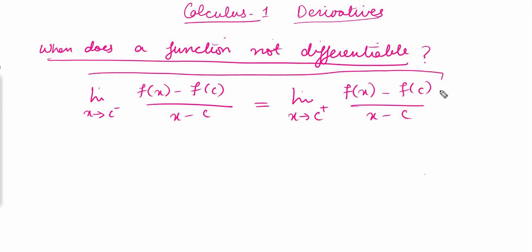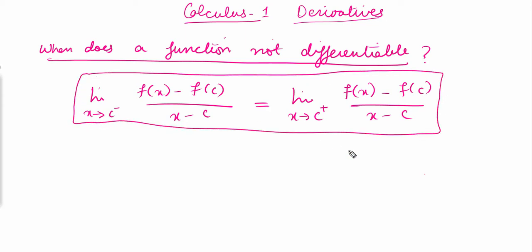If this condition holds, then we can say the function is differentiable, otherwise the function is not differentiable. Okay, we will do some practice questions related to this condition, but now we have to discuss some of the rules of taking the derivatives.